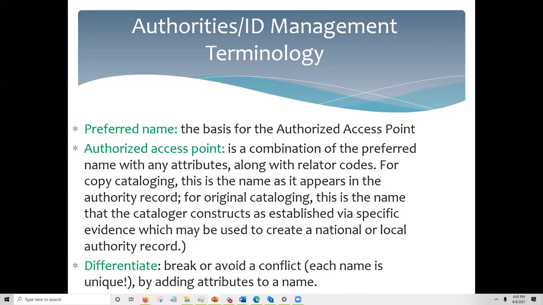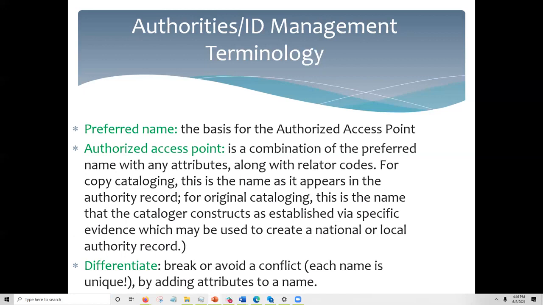Differentiate is to break or avoid a conflict. Each name is unique. And that's true when we looked in Wikipedia too, right? They said disambiguation. So we're going to tell you that these things are different. They're doing this work, but they're telling you that we're disambiguating, that we're going to make these things different.